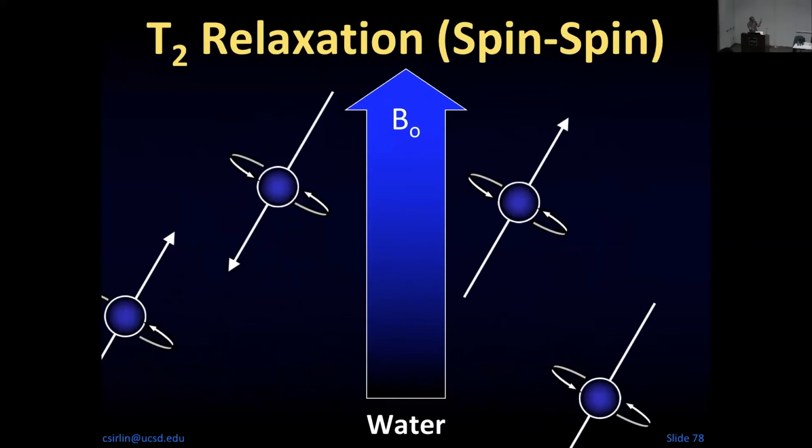Because it's such a uniform fast buzz, on average, they have very little effect on the external magnetic field. So pure water relaxes very, very slowly because the protons are buzzing around so fast that they create a smear over the magnetic field. The magnetic field is actually fairly homogeneous.